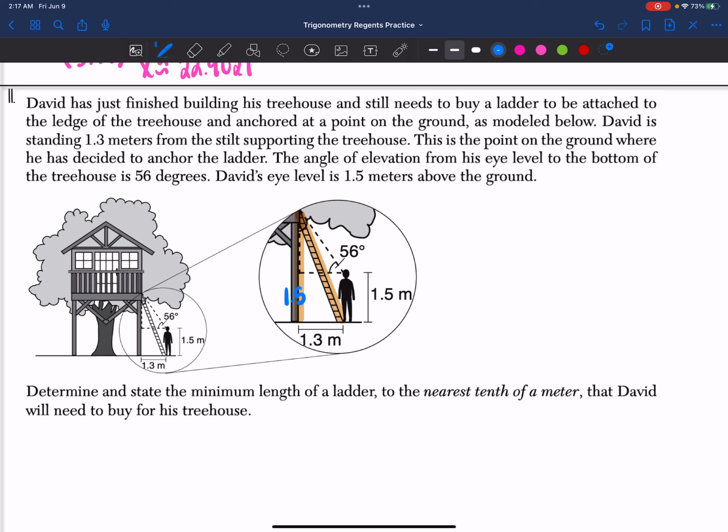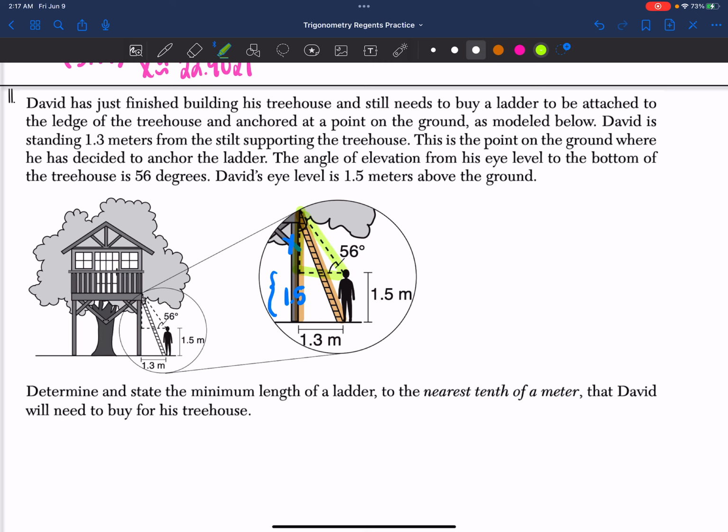So this little piece down here is 1.5. And what I want to know is, what is this piece up here? Because if I know that piece, I can just use Pythagorean theorem, my good old faithful, and figure out what the length of the ladder should be. So I'm looking for x, and x is a part of this triangle that I'm highlighting in green.